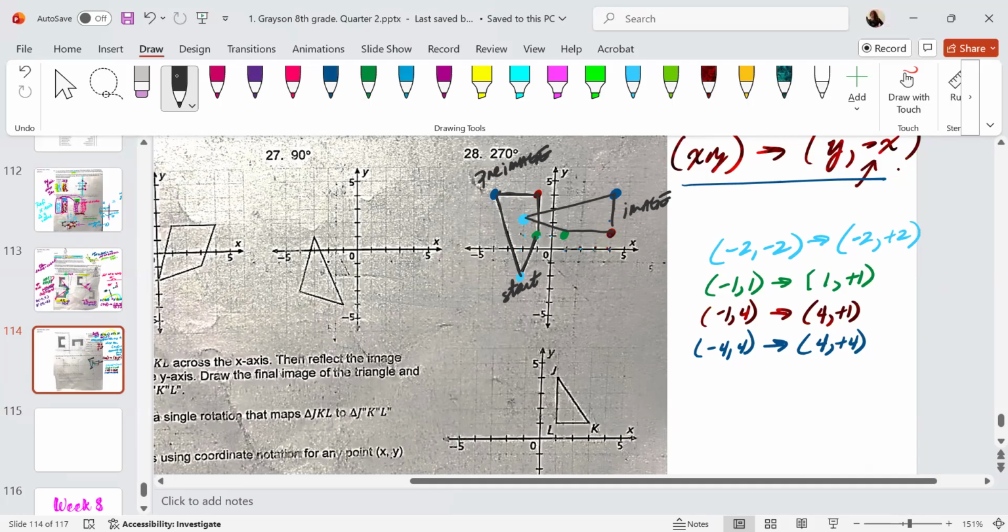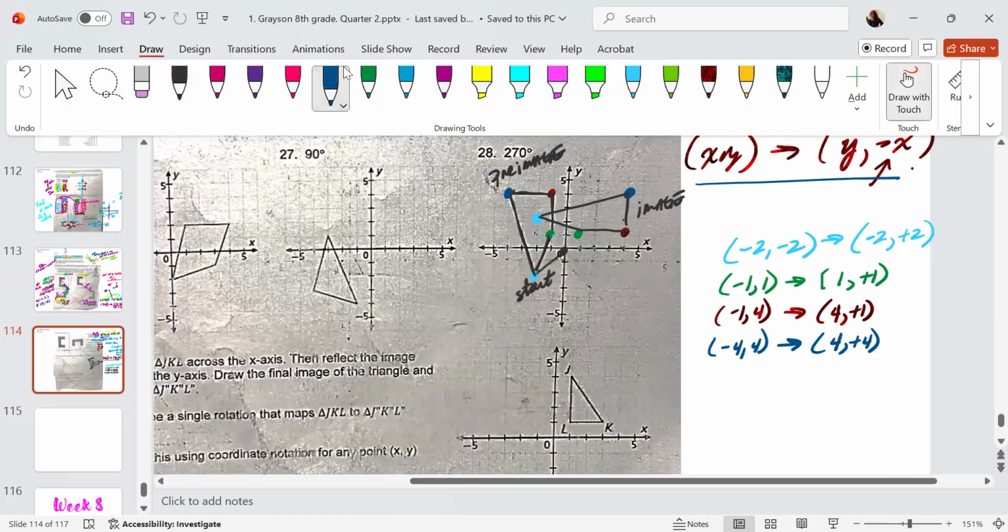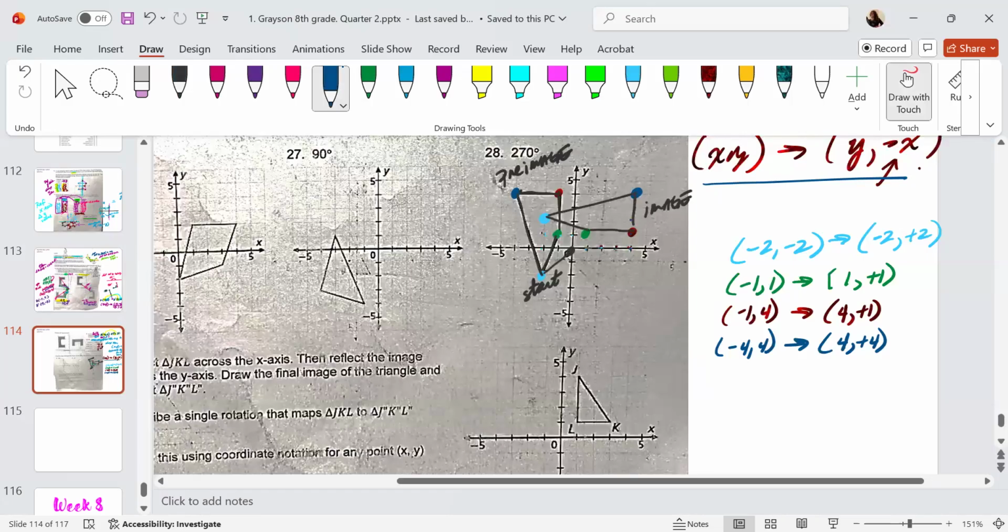Okay. And then if I were to show you how this works on a protractor, if it's at the origin, I'm going to use the light blue. Do you see that line right here? If I put that line right here, that dot has a match up. Come on, get up, stand up, please. 270.